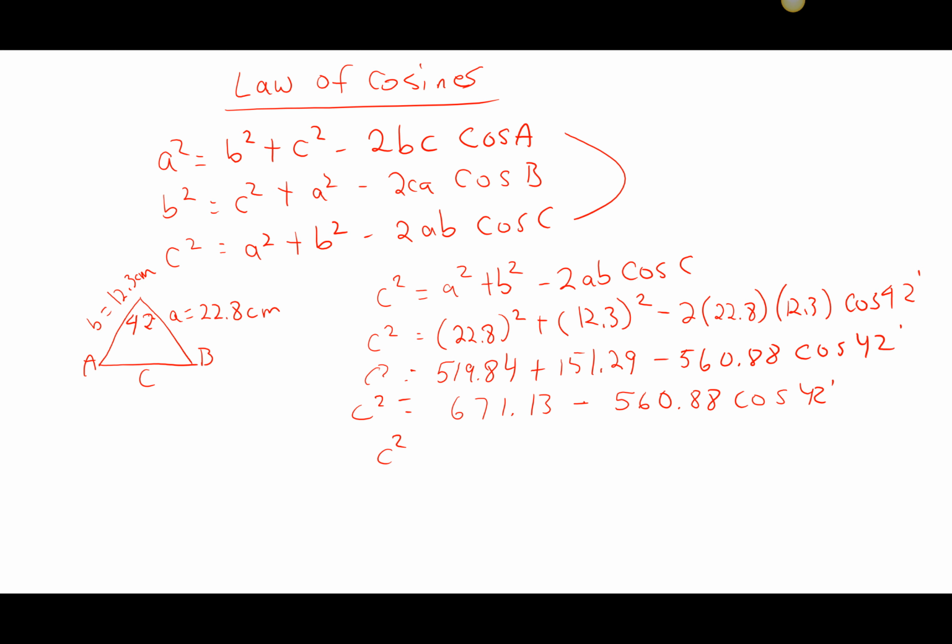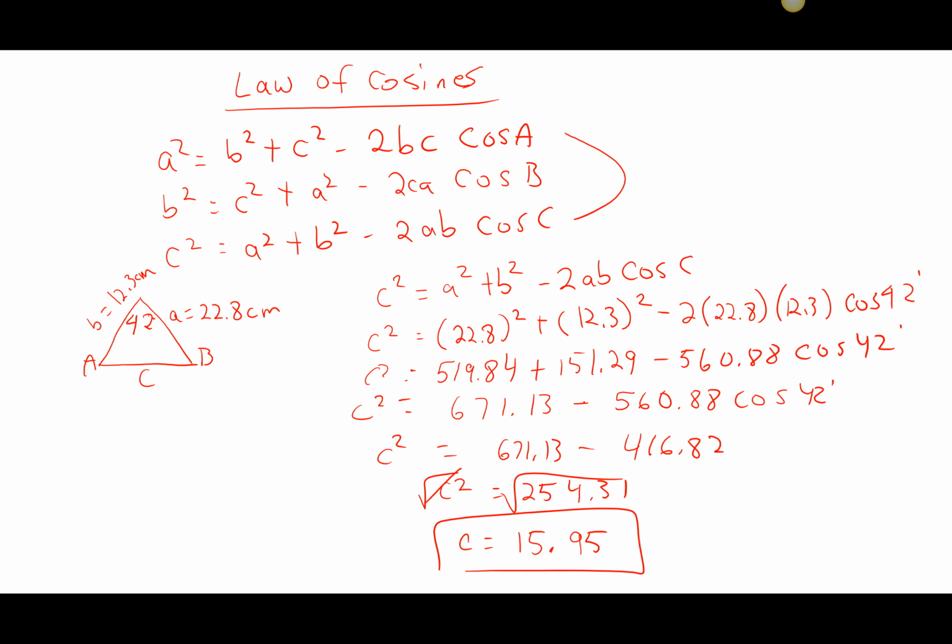So 560.88 cosine 42 degrees is 416.82. Just bring that down. So then we have c squared equals 254.31. Now we need to take the square root of both sides. That cancels. So c equals 15.95. And that gives us our c.